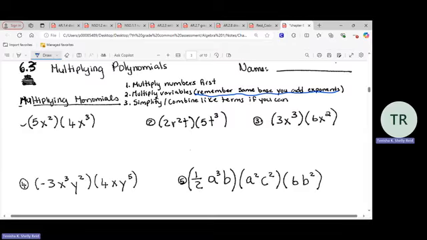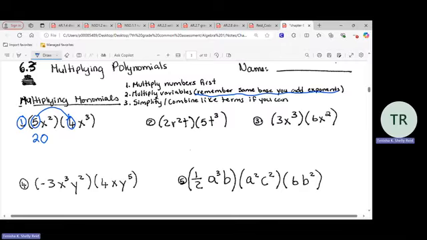We are going to multiply numbers first. So we have 5x squared times 4x to the third. The numbers are 5 and 4. So I'm going to multiply 5 times 4 first. 5 times 4 is 20.